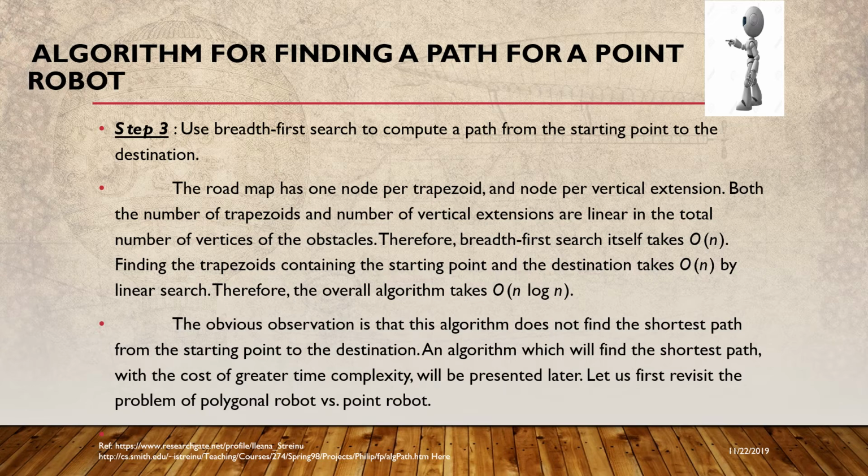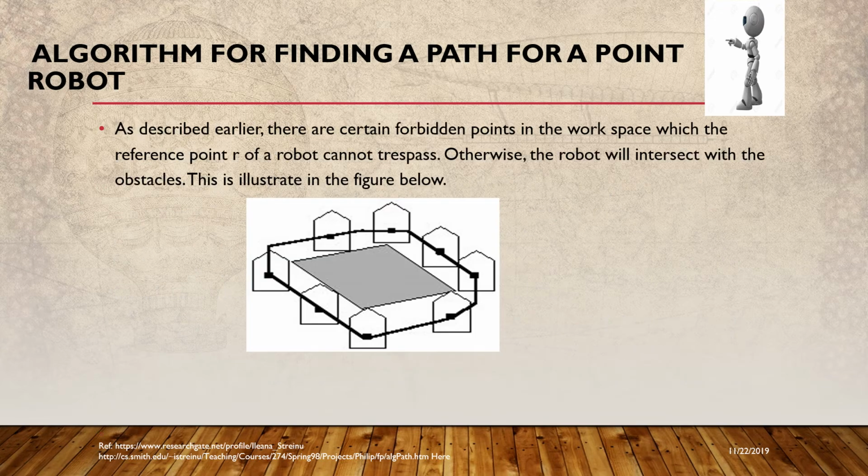So let us first revisit the problem of a polygonal robot versus a point robot. As described earlier, there are certain forbidden points in the workspace which the reference point R of a robot cannot traverse. It cannot trespass, otherwise the robot will intersect with the obstacles. This is illustrated in the figure.